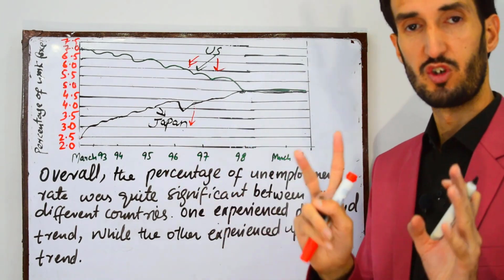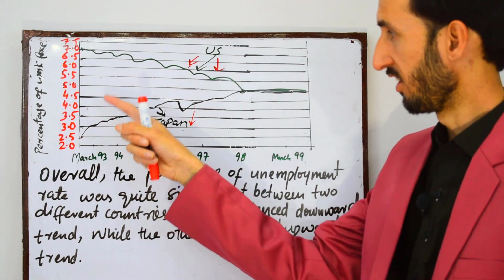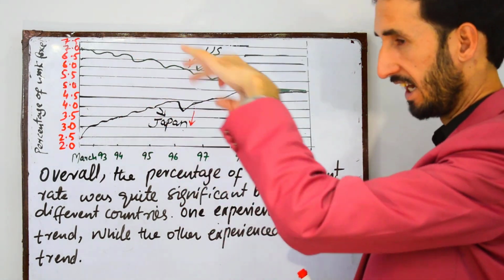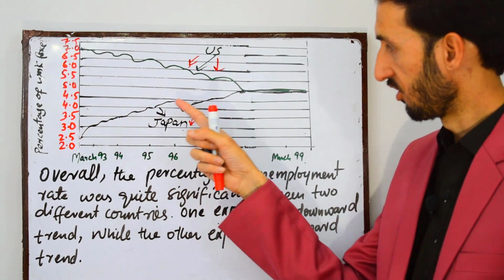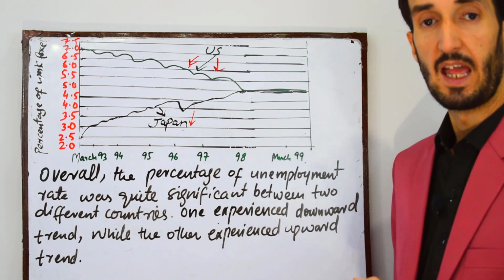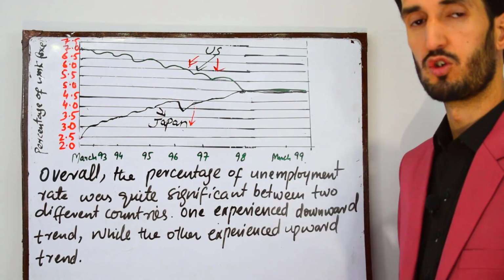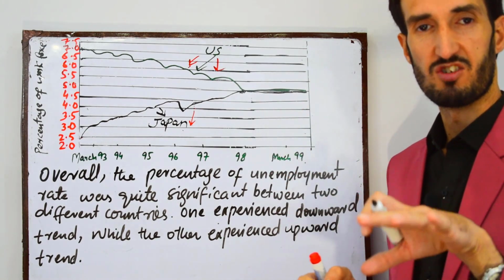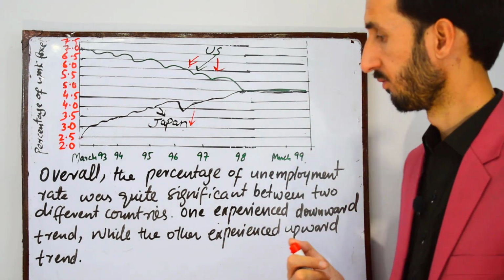Now we have talked about three key features. One, quite significant difference. Second thing, one experienced a downward trend. Second experienced an upward trend. And now we are going to talk about the fourth key feature, that is, both are the same at the end of the period. How to write?